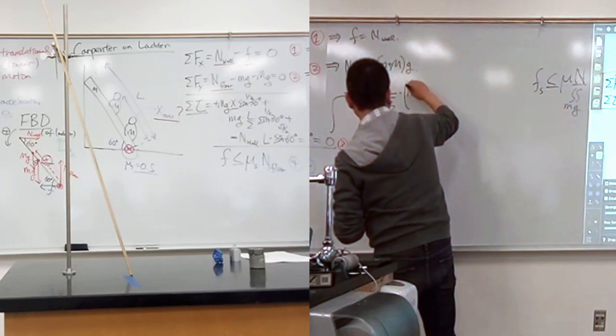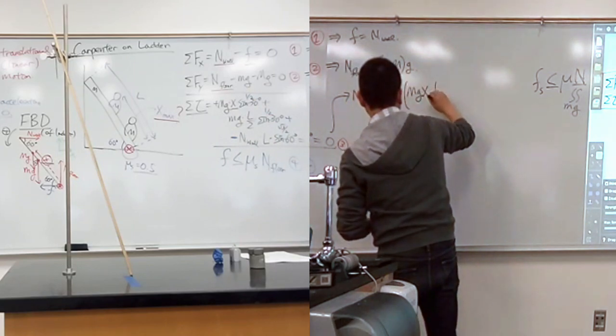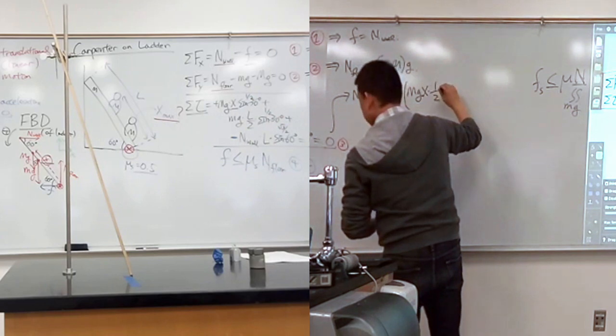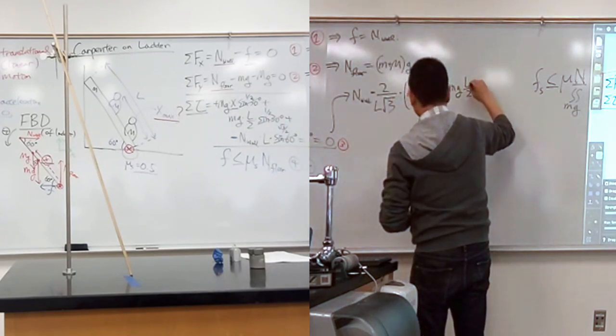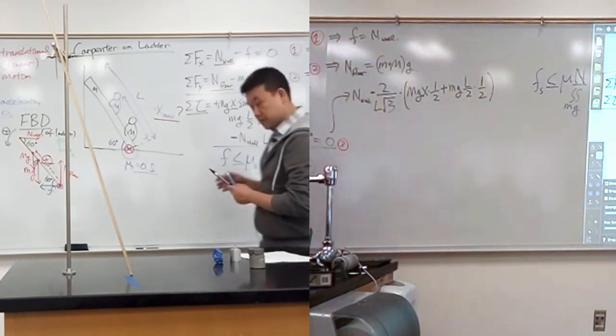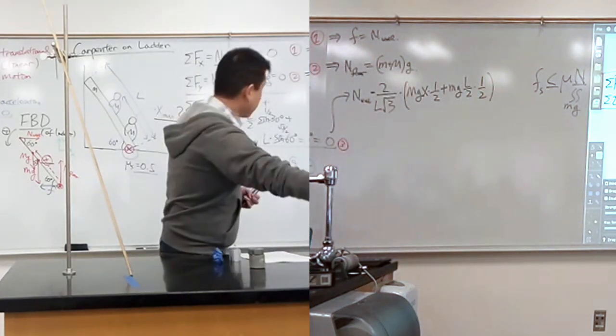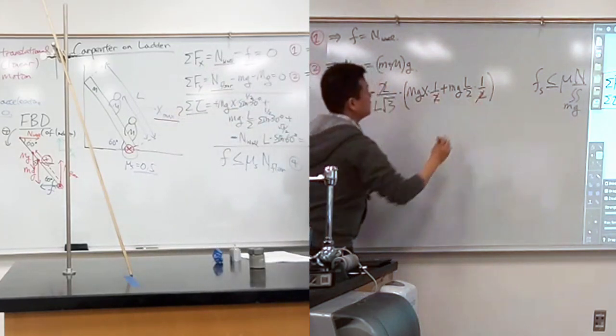So that'll be big M times g, x times 1/2 plus small m times g, L/2 times 1/2. I'm just copying over everything that's here. So things cancel out. These 2 cancel out.